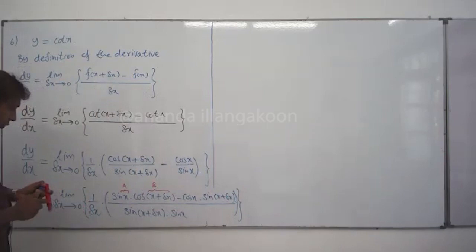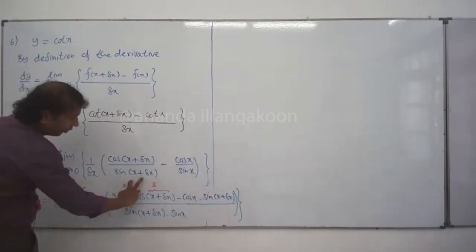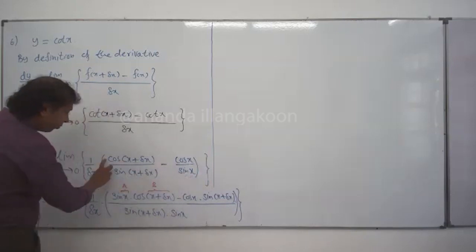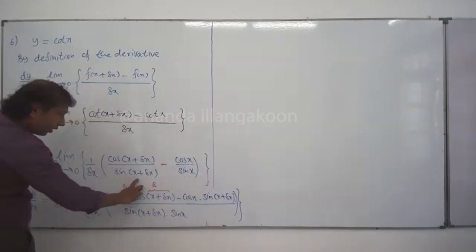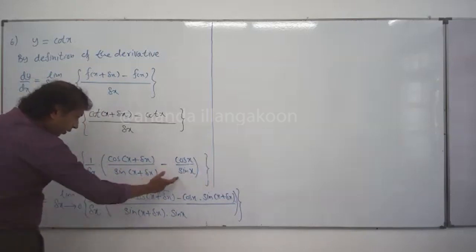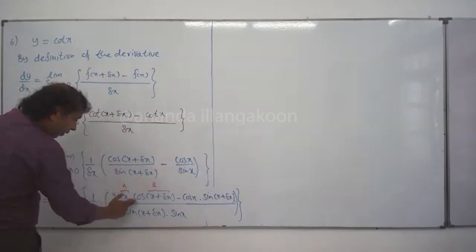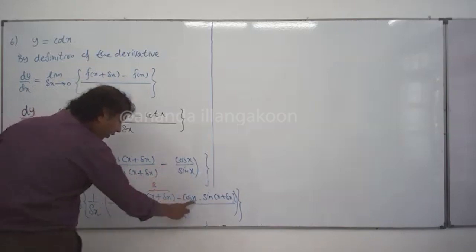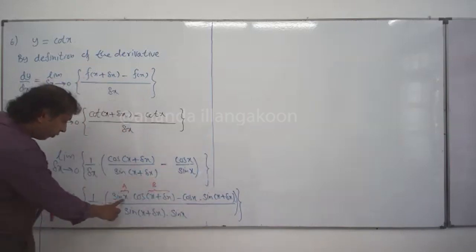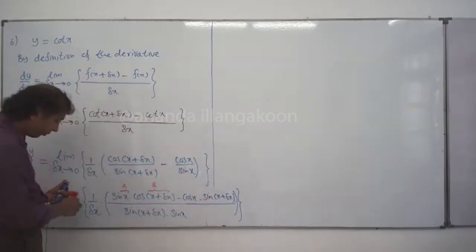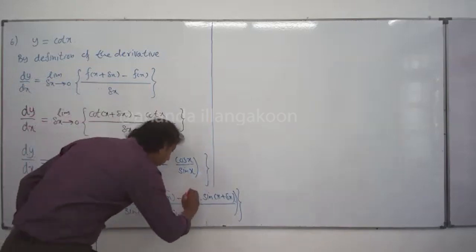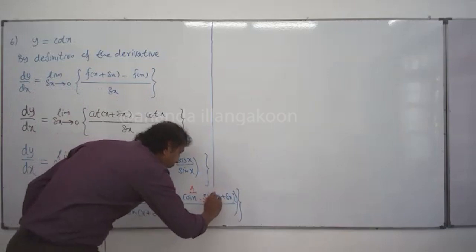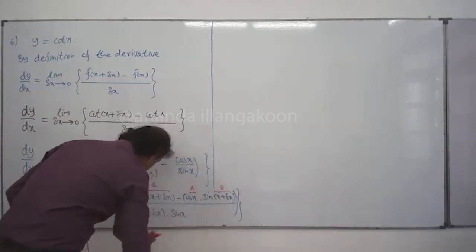Correct, no? When you take the common denominator as the product of this and this, right? By this sin x, you should multiply this. By this sin(x plus delta x), you should multiply this. Then sin x into cos(x plus delta x) minus cos x into sin(x plus delta x). So if I take this as A, then here also A. If this is B, this is also B, right?